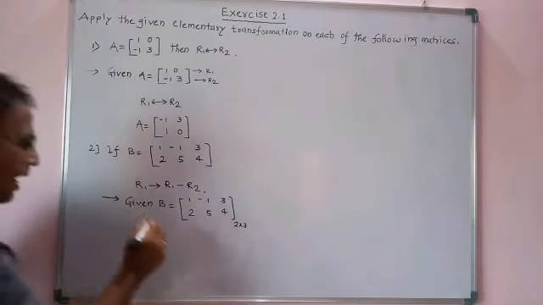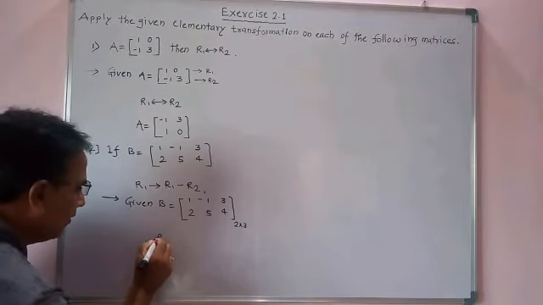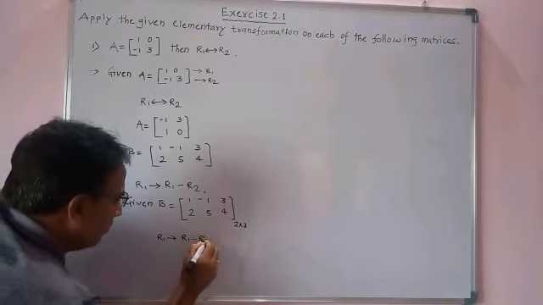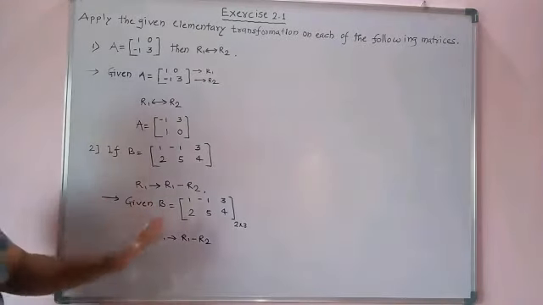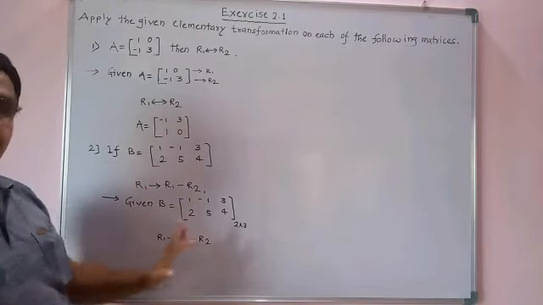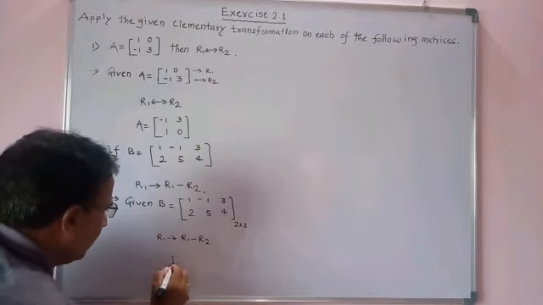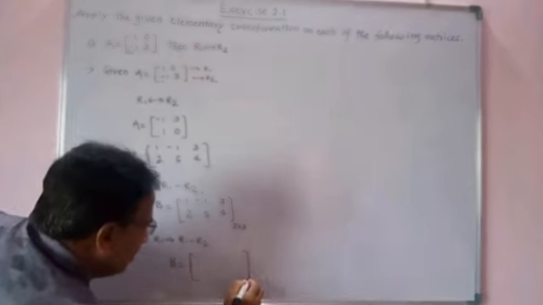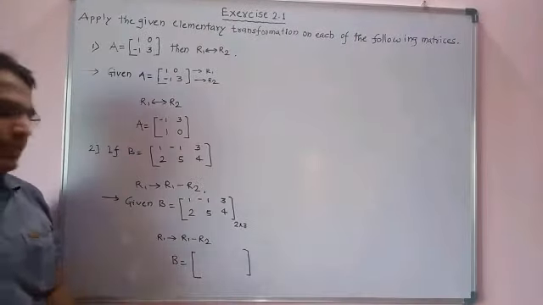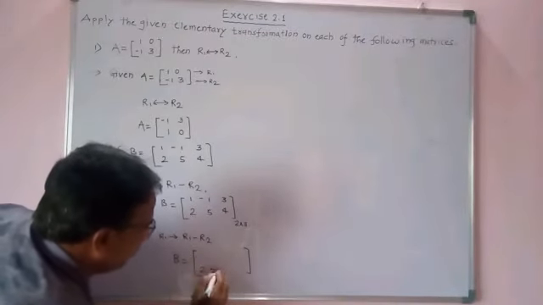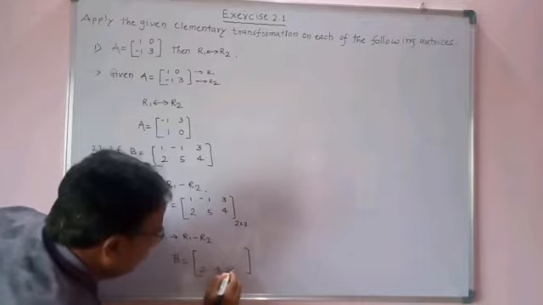Therefore R1 implies R1 minus R2. We change the first row only, and R2 stays as it is. No change in the second row: 2, 5, 4 as it is.